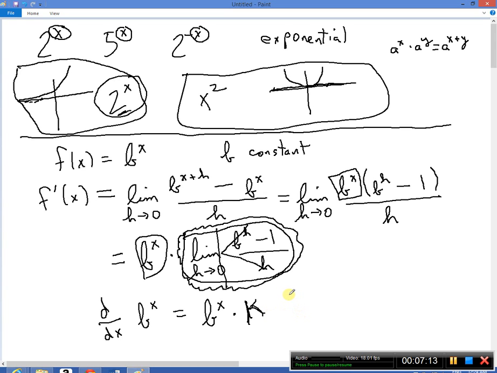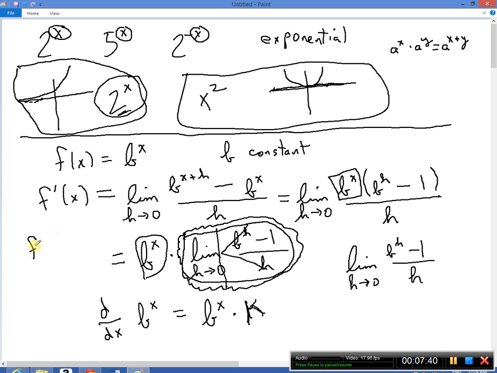Now, I really should tell you a little bit about this constant. If we look at this thing, even though I've mucked it up a little bit, it looks familiar, doesn't it? Limit as h goes to 0 of b to the h minus 1 over h. It looks like a difference quotient, doesn't it? It certainly is. It is, in fact, the derivative of this function at the point where x equals 0.